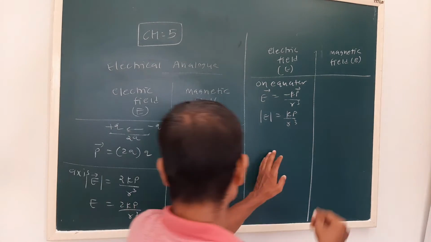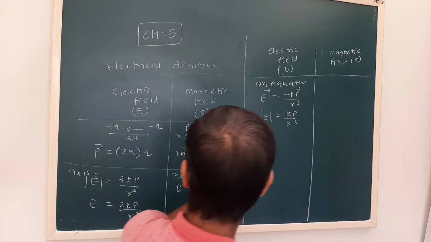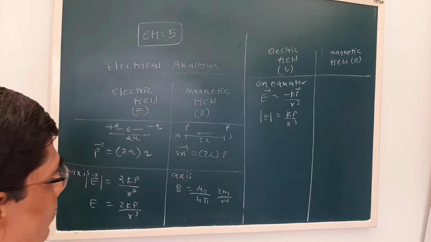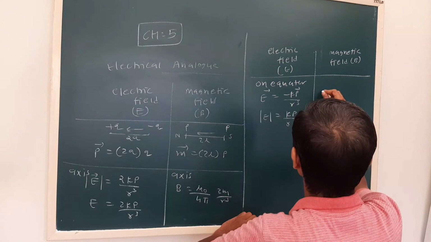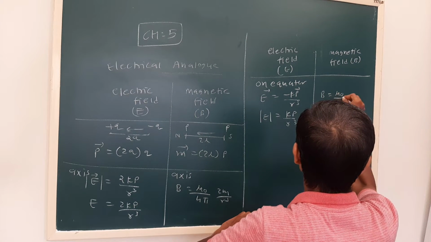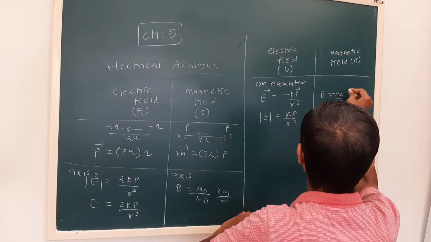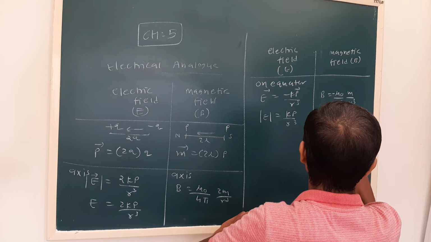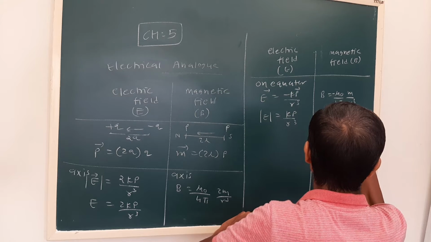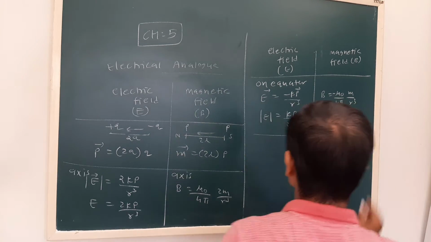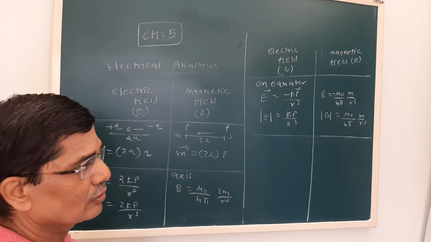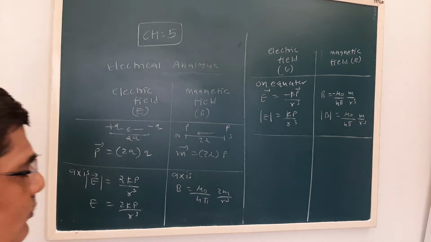Now here also on the equator of a magnetic dipole or bar magnet, B is equal to mu 0 upon 4 pi into minus m upon r cubed, or simply the magnitude is mu 0 upon 4 pi m upon r cubed.